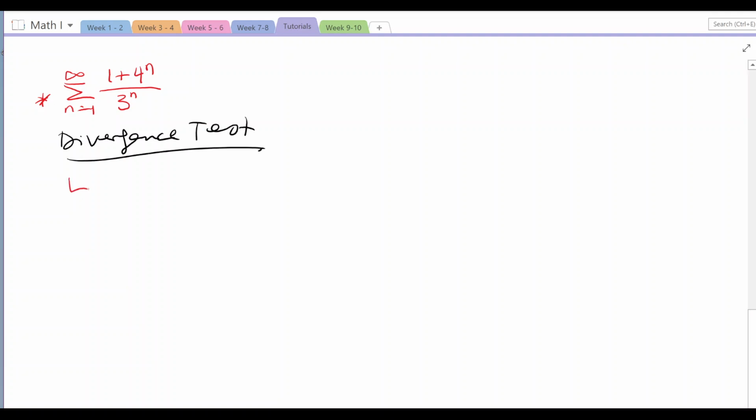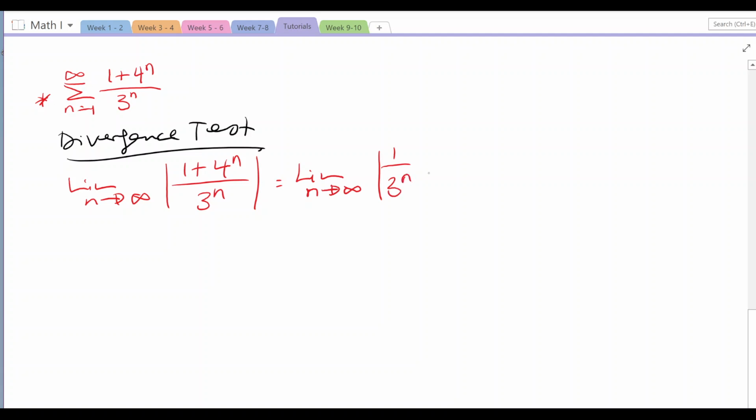The limit of the series is simply 1 plus 4 to the power of n all over 3 to the power of n, and then we can simplify this to 1 over 3 to the power of n plus 4 over 3 to the power of n, and then take the limit.